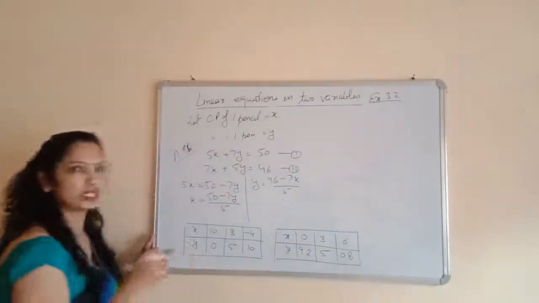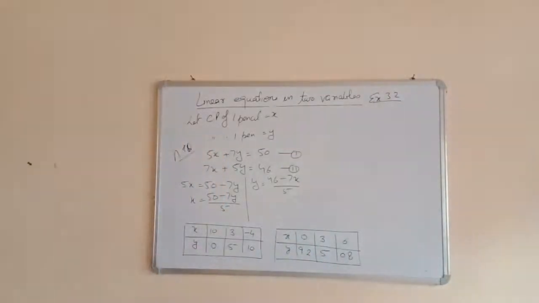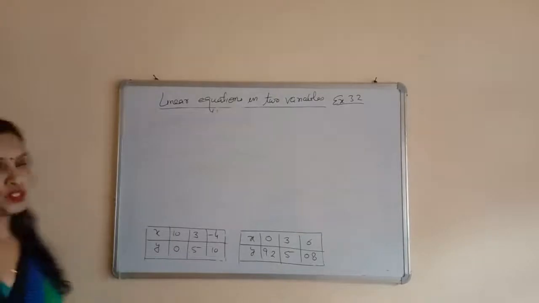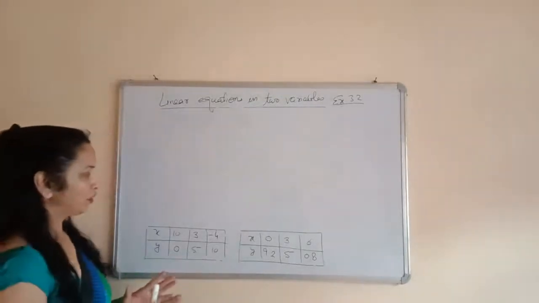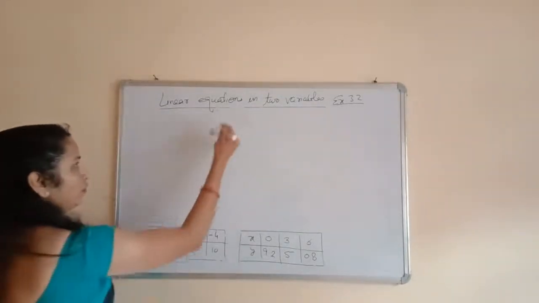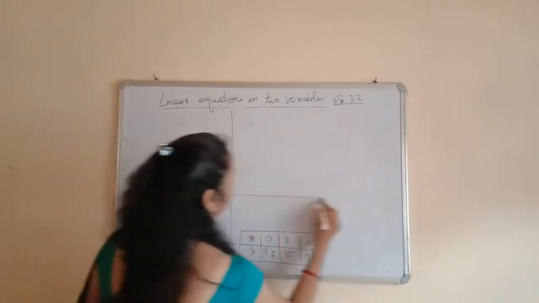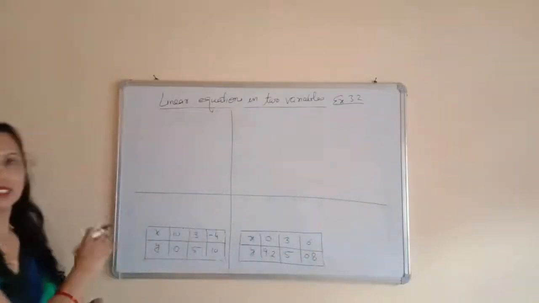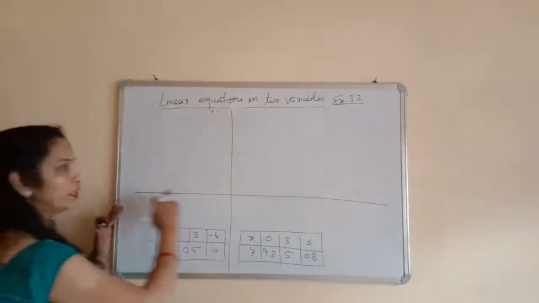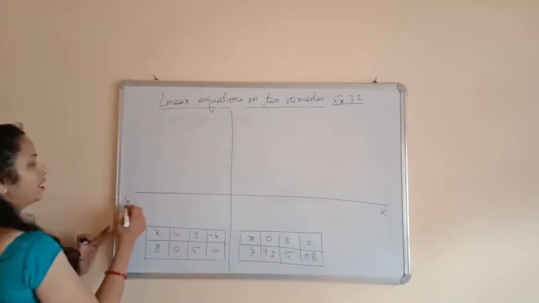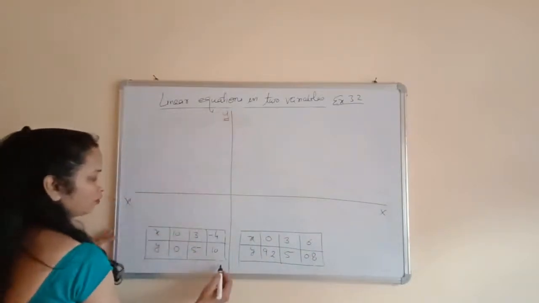So now we will draw the graph for the equation. After making the table, you can draw the graph on the graph paper. So this is the Cartesian plane. This is called the x-axis and this one is the y-axis. We represent them as x dash and y dash.